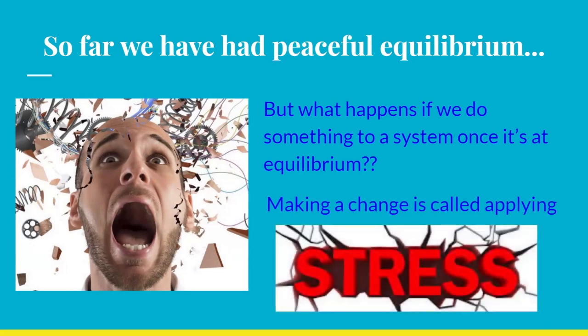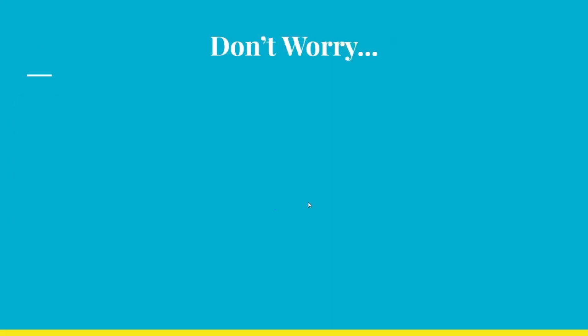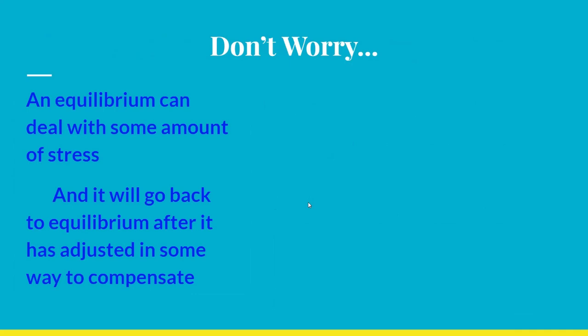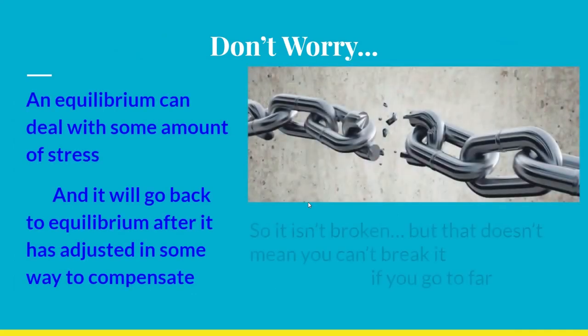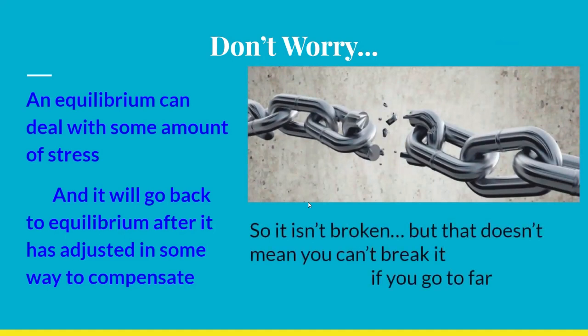In other words, we do something to try to mess it up almost. And then the equilibrium will work to try and undo whatever we did. So there is some amount of stress that an equilibrium can handle. But at some point, it will stop being at equilibrium if you push that level of stress too far.